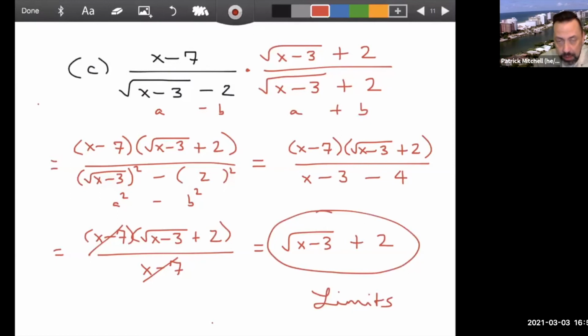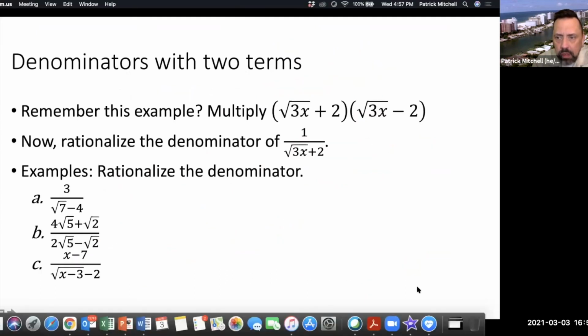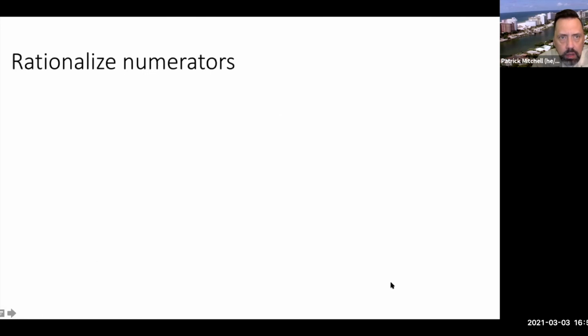Okay, so I hope those of you who are going on to calculus might think about this day when you get there. All right, we're almost done. One last thing that we're going to look at for just not long at all is rationalizing numerators. So you don't see this done as often.